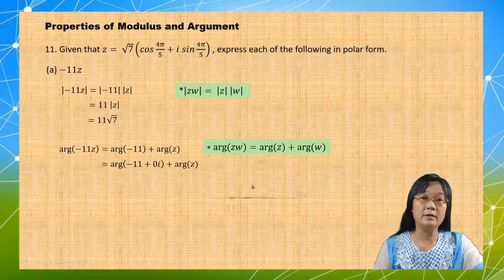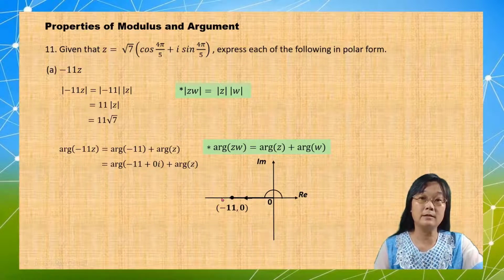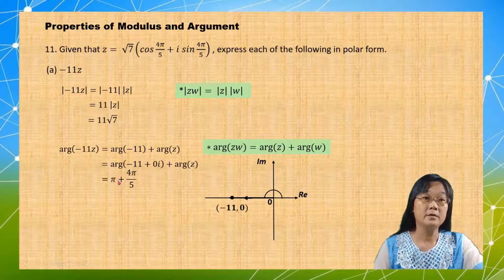When we look at the Argand diagram of this complex number, x is negative 11, y is 0. When the complex number is on the negative real axis, the argument is equal to pi. So the argument of negative 11 is pi.